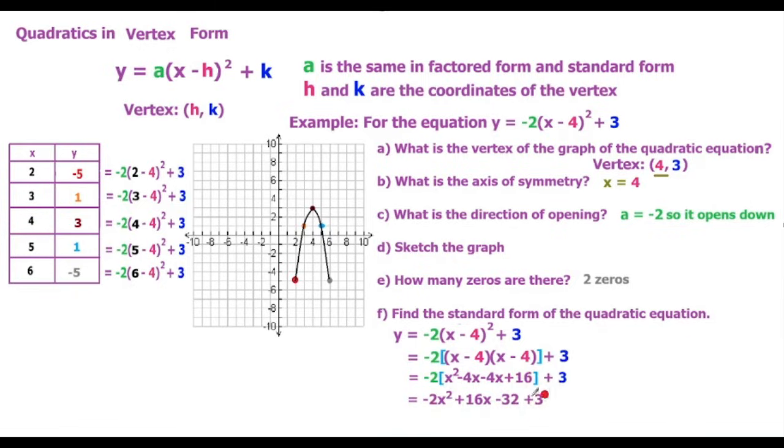And we carry our plus 3 here. And finally, when we combine our integers together, our quadratic equation in standard form is negative 2x squared plus 16x minus 29. This is standard form.